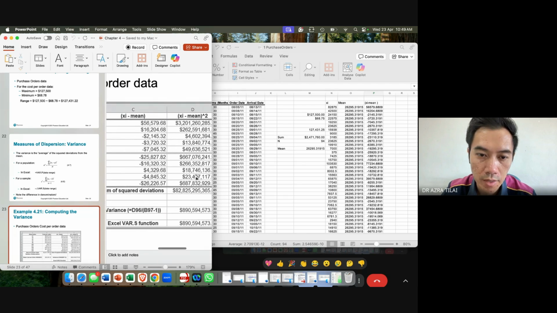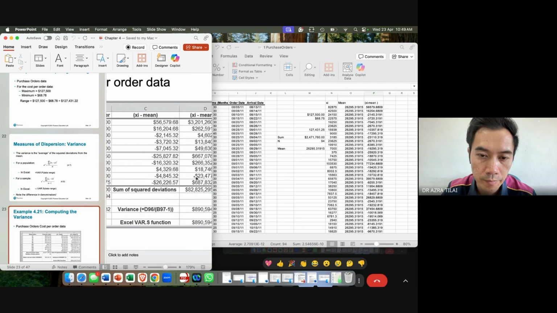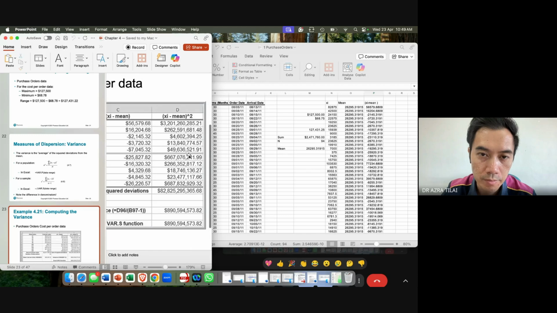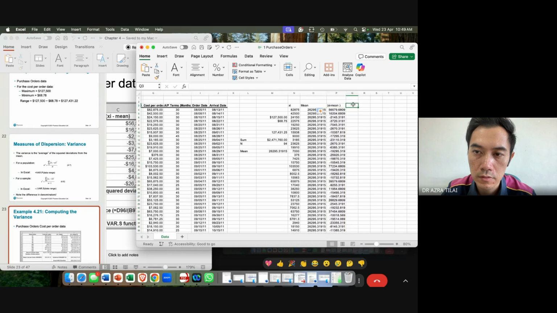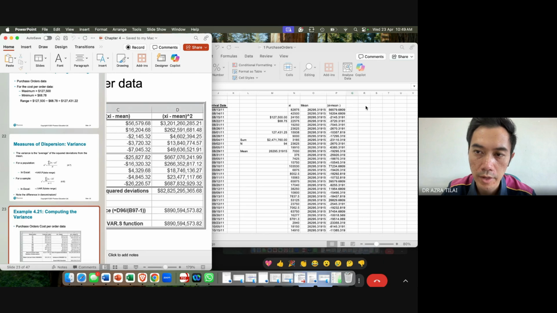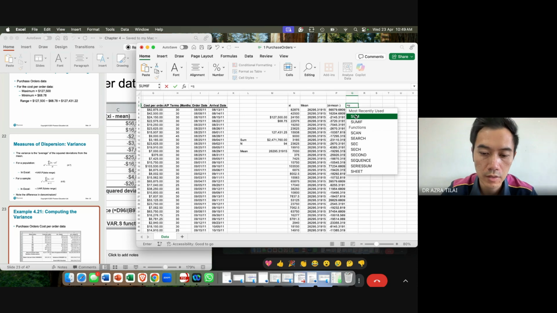Then we want to find this part here. All of this will be squared. How to do square?